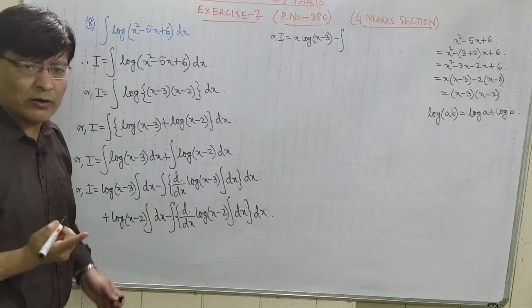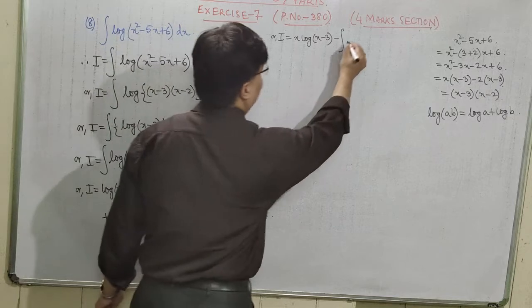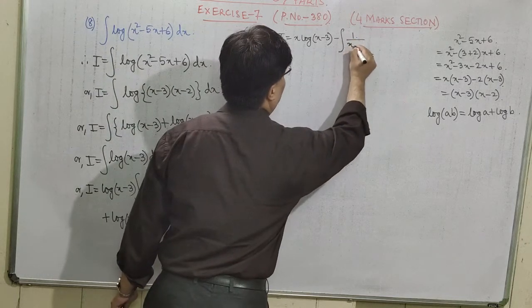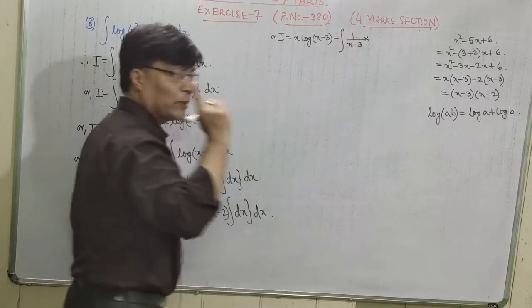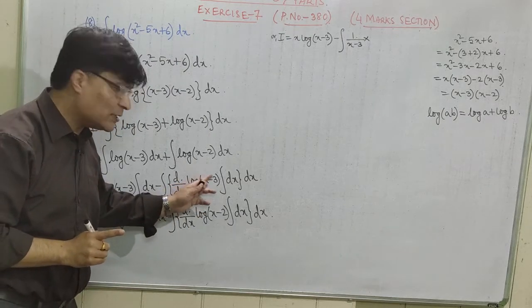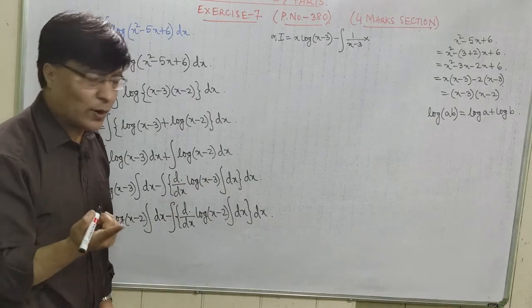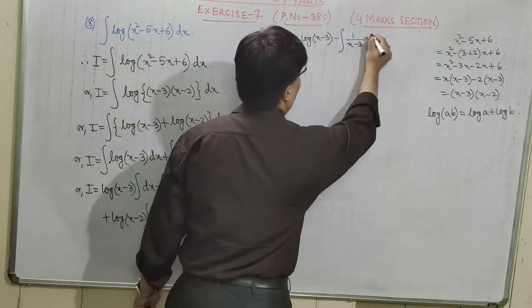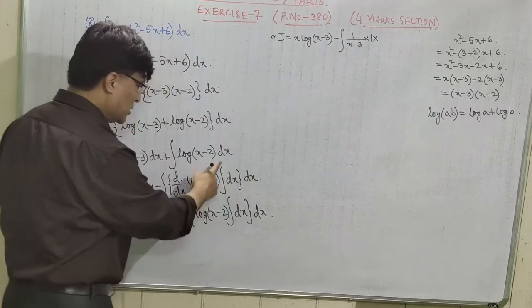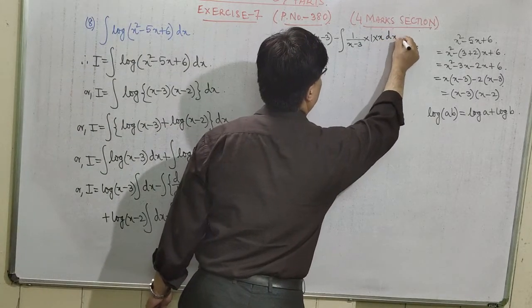What is the differentiation of log x? 1 upon x. But here it is 1 upon x minus 3, into, again differentiate the term which is assumed as x. Here x minus 3 is assumed as x. So what is the differentiation of x minus 3? That is 1. So into 1 into, what is the integral sign dx? x dx. Okay?